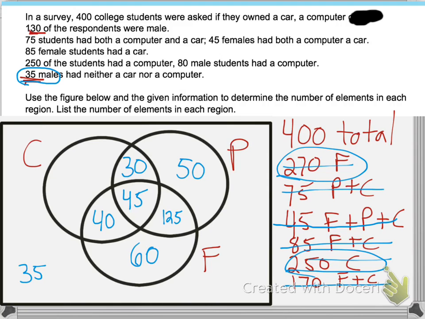If you add up everything that we had, you should get 285. We've accounted for 285 of those 400 students. And so everything has to add up to 400 total, so we need to then have 115 more students out here in the car universe. And now we have our Venn diagram completed.